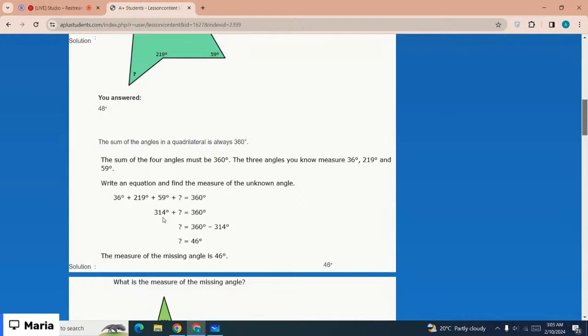So the sum of these angles is 314. Just subtract 314 from 360 and that means the missing angle measure is 46 degrees, right? So the correct option is 46 degrees, right?